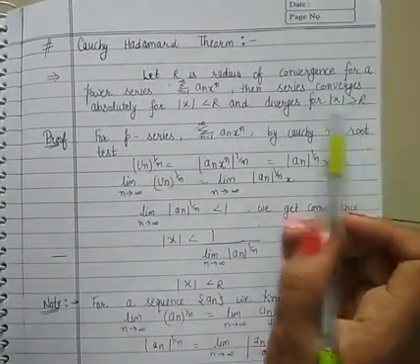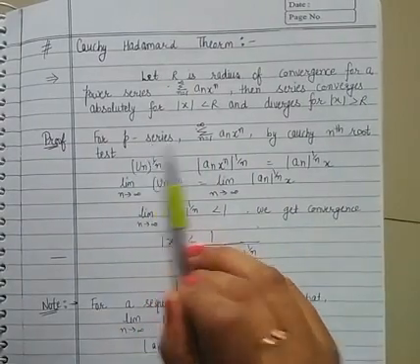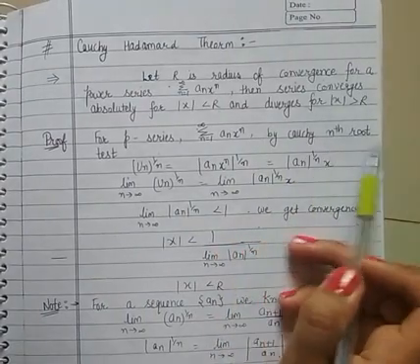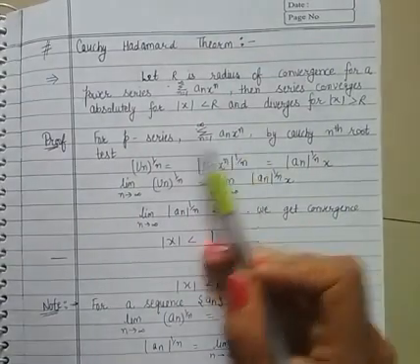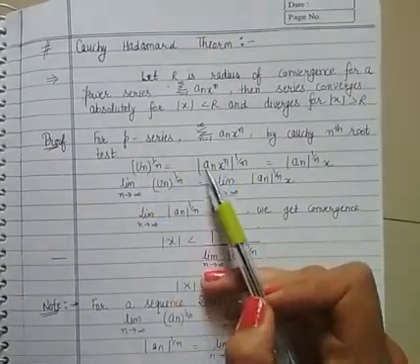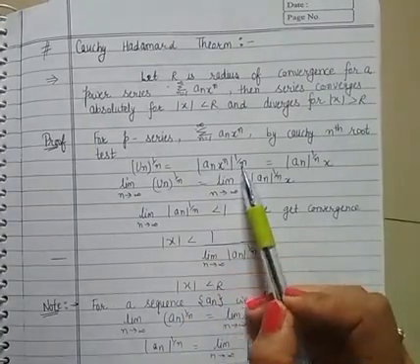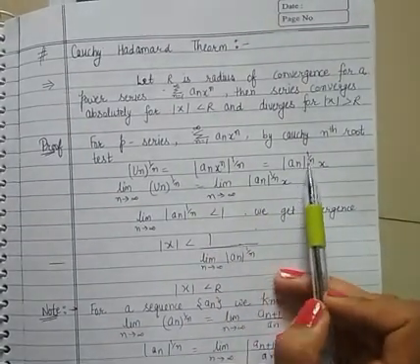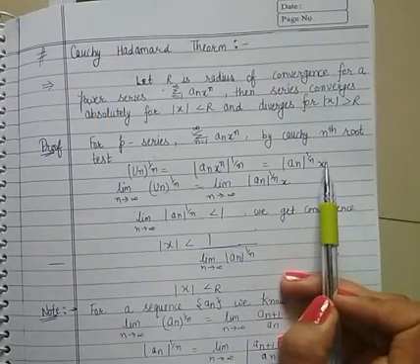Okay, so for the proof, we look at the power series. Now look at this as a power series a_n x^n. By the Cauchy nth root test, what we get? If this is u_n, then u_n^(1/n) is (a_n x^n)^(1/n). Now when you simplify it, a_n^(1/n) and x^(n/n), that is x^1.